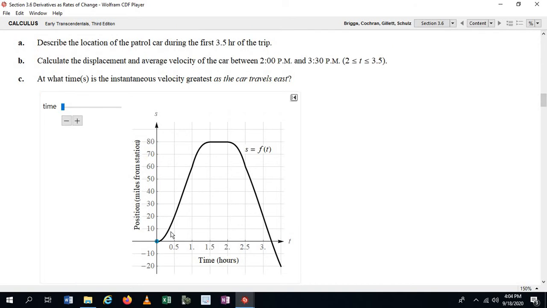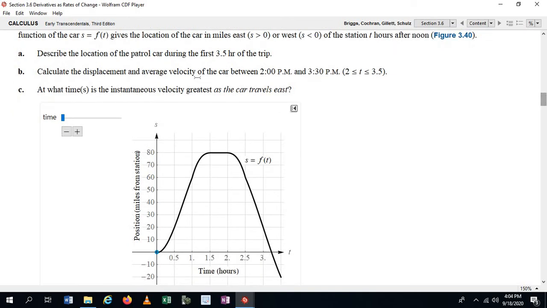Okay, so this is the graph of the position function. You can see down here, this is the time axis, and this is the position of the object, the patrol car. So for part A, we're supposed to describe the location of the patrol car during the first 3.5 hours of the trip. Let's look at this.